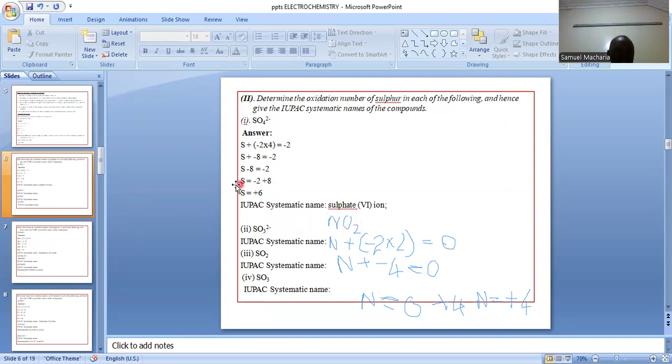You work out the oxidation number of sulfur as we have worked out in the sulfate. At this time, the oxygens are 3, so you multiply -2 by 3 and it equals -2. I'll leave you to do that one. But I want to do number 3. Let me get the pen.